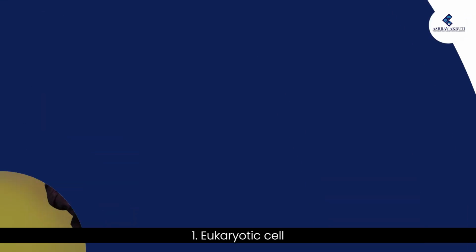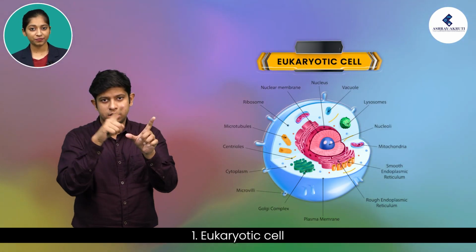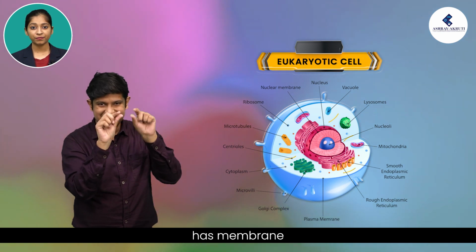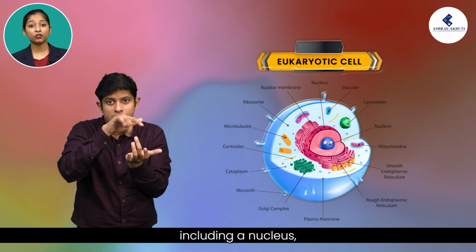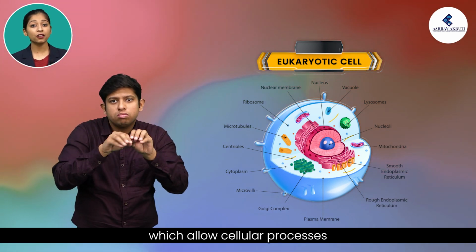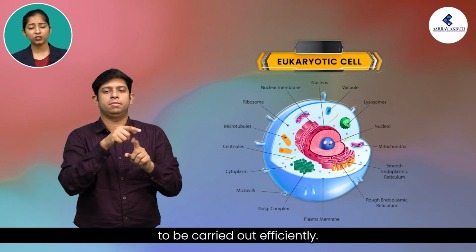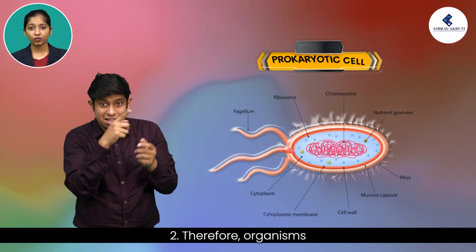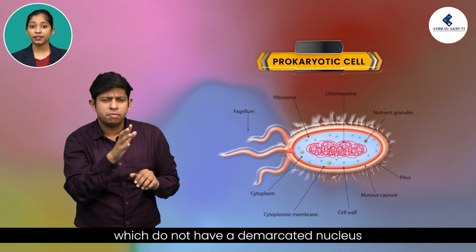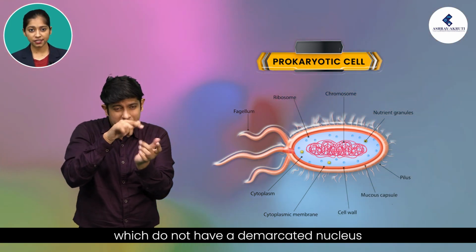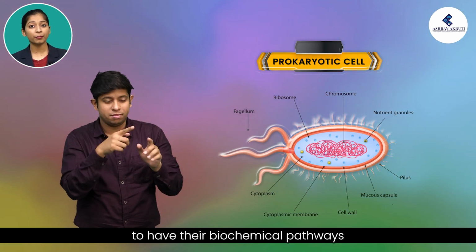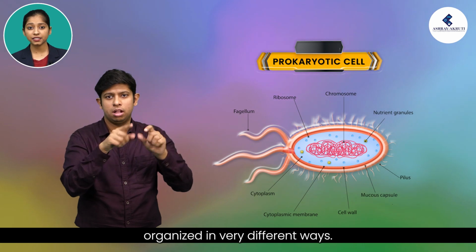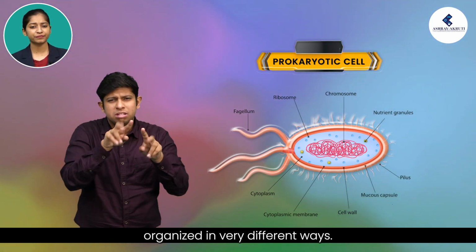Characteristics used for a hierarchical classification. Eukaryotic cell has membrane-bound organelles, including a nucleus, which allows cellular processes to be carried out efficiently. Therefore, organisms which do not have a demarcated nucleus and other organelles would need to have their biochemical pathways organized in very different ways.